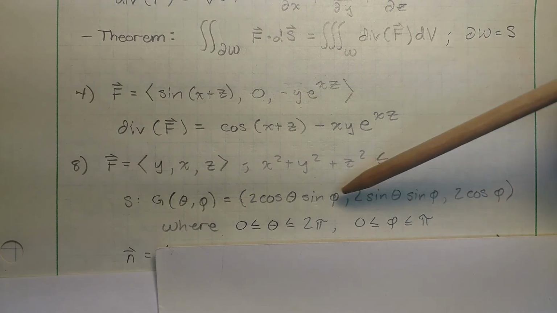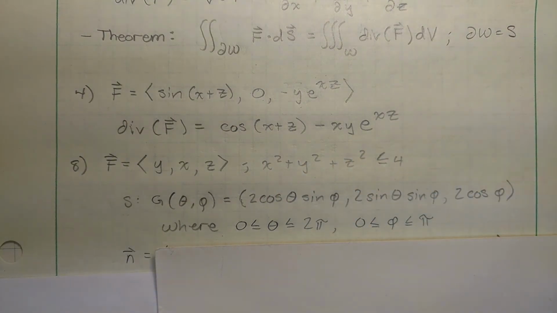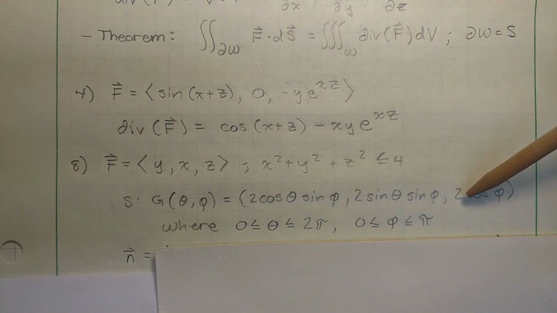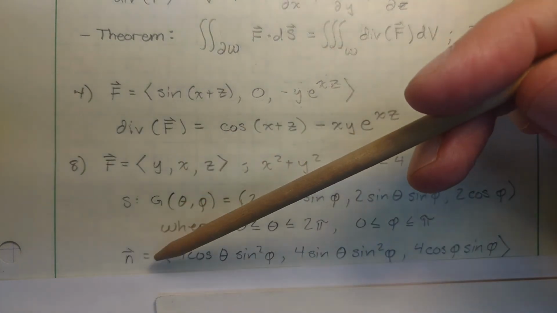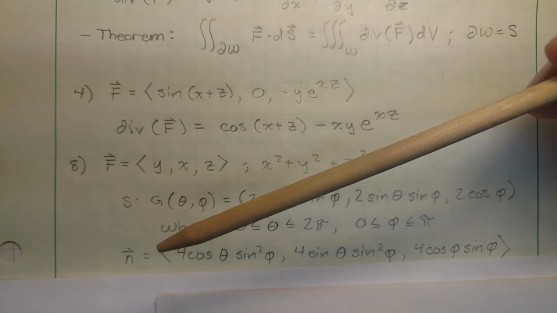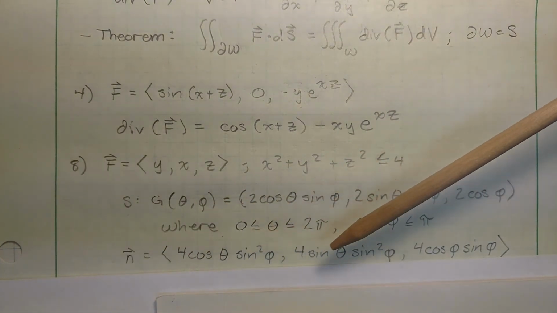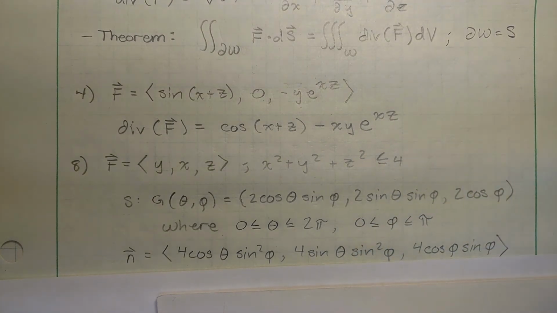Essentially what we get is the same thing as what we started with when we parameterize a sphere like this, with an extra factor of sine of phi, and whatever our radius is, we get it squared. So we end up with 4 instead of 2's here, and we end up with our cosine theta sine squared phi, so we're just getting that extra sine of phi in there. And so we see that extra sine of phi in all of those.